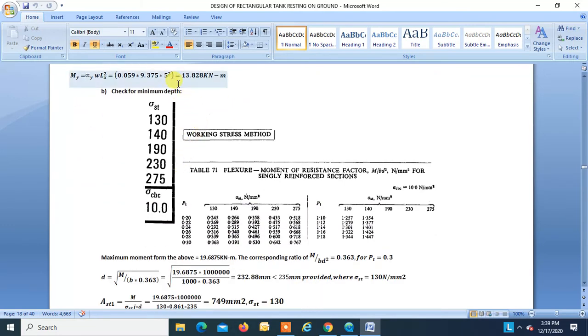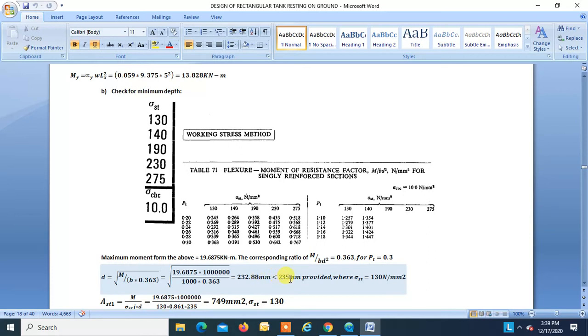Okay, so we have to check whether the depth we have provided is sufficient or not. So again, using this table, in case of ground slab, we are taking minimum percentage steel PT 0.3. So we will take M by bd square equal to 0.363 for PT 0.3. So from that we get D is equal to 232, and we have provided 235 effective depth.